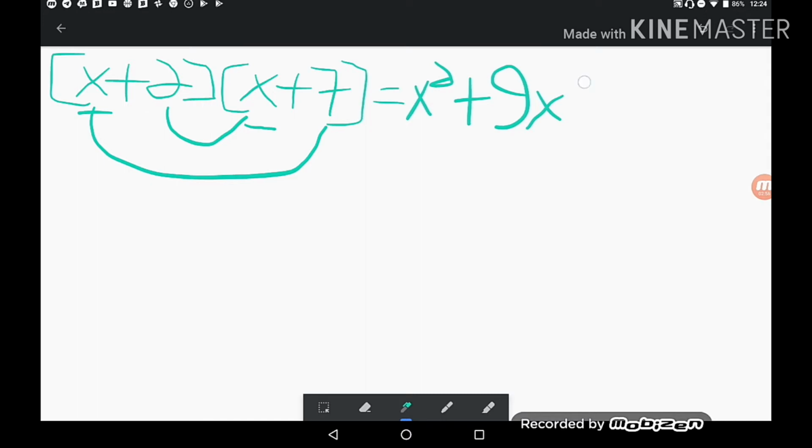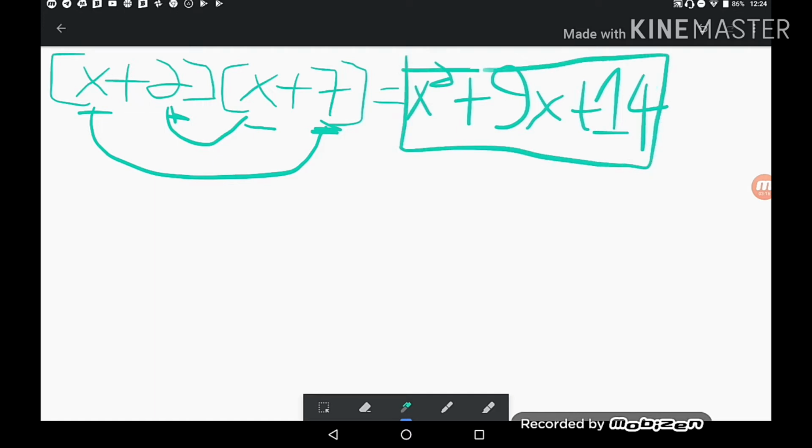So that would be 2 multiplied by 7, which gives you 14. So the trinomial for x plus 2 multiplied by x plus 7 is x squared plus 9x plus 14.